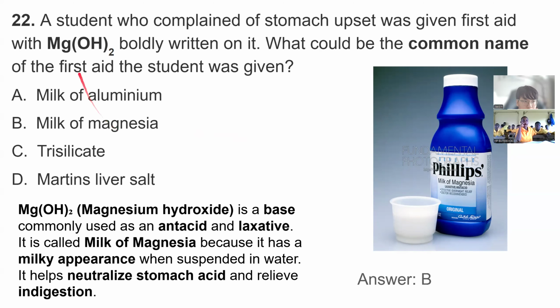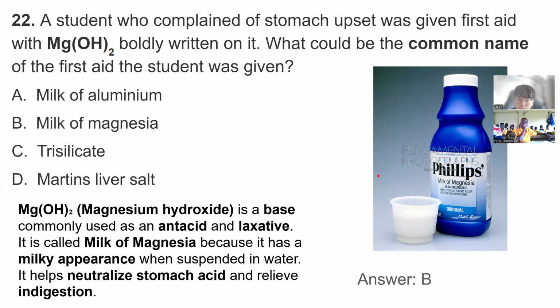Because we have Mg, magnesium, and magnesium hydroxide, which is the name of this molecule, is a base, and it is commonly used as an antacid and laxative. The common name is milk of magnesia because it has a sort of milky appearance when it's in water.